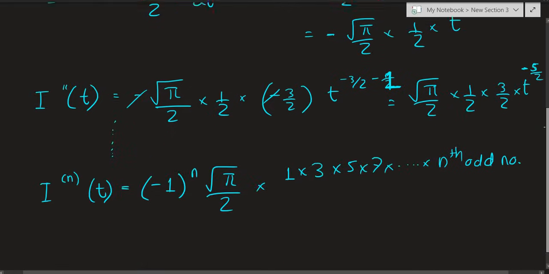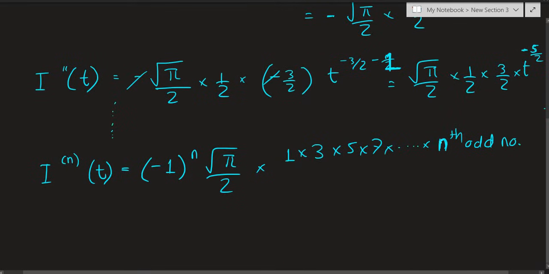So we keep doing that until the nth odd number for the nth derivative of I of t, and in the denominator we are only going to have 2's, so n 2's, so 2 to the nth power.